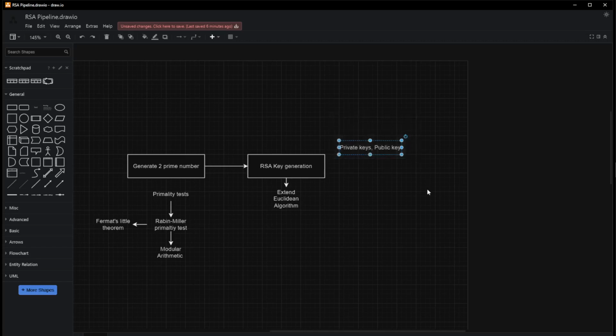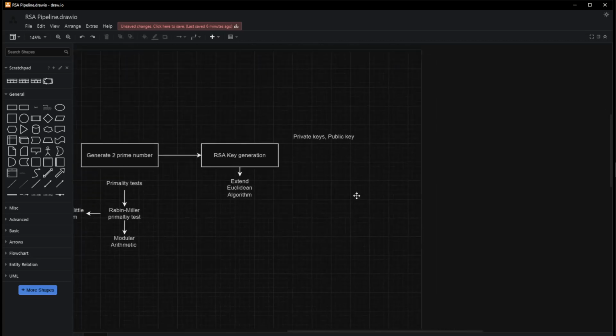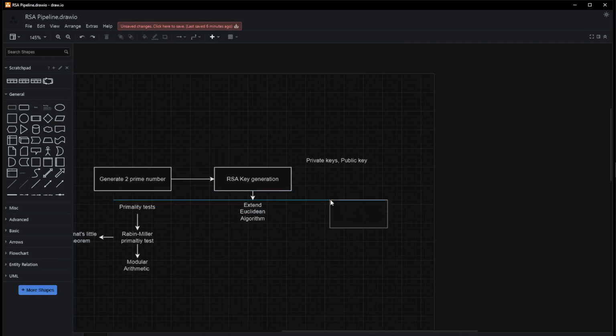So the output of our key generation is a pair of tuples. I'm explaining this really badly, aren't I? But we'll see in the next video. This is just going to be a private and a public key, and we're going to have two quite small algorithms, to encrypt and to decrypt.